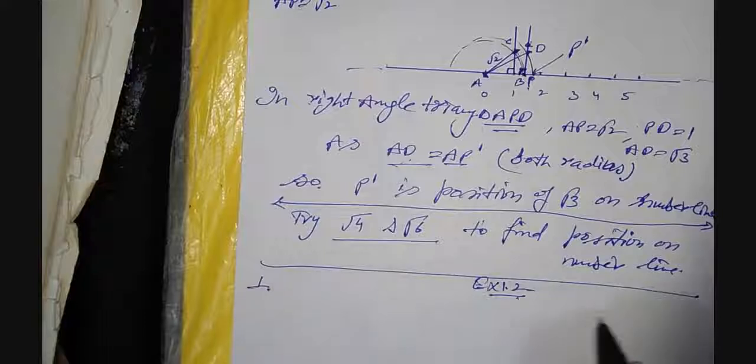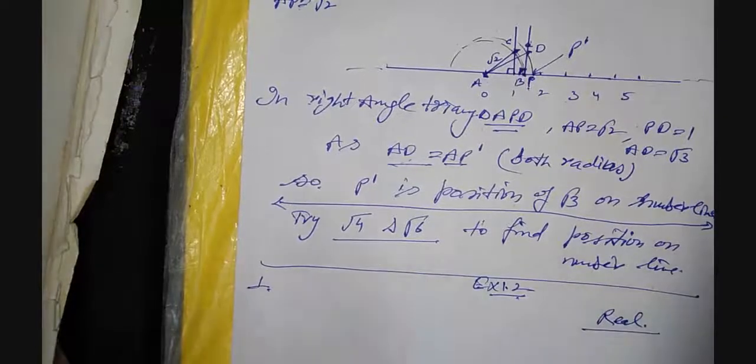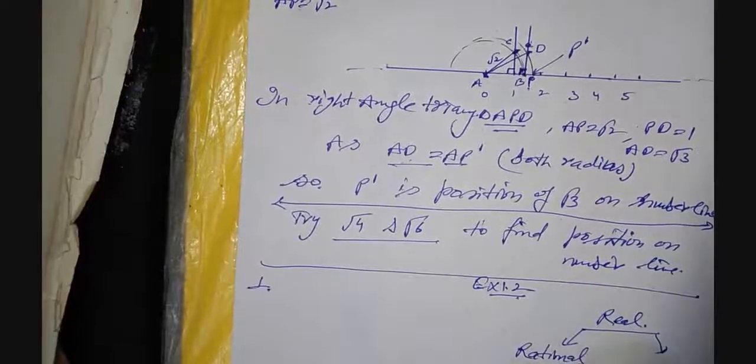As in the previous video, I have already told you that any number you can think about is a real number. You can see it in your surroundings, that is a real number. So real numbers are made from these two, rationals and irrationals.